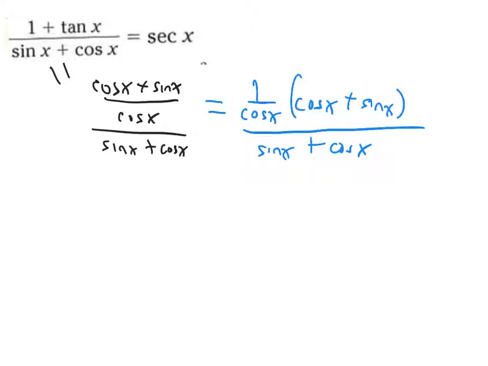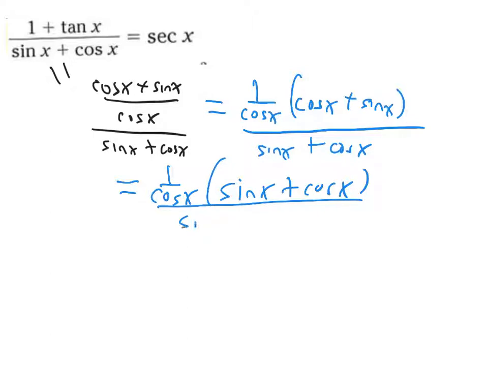Of course, algebraically we can swap the order of any terms, so I'm going to turn the things on the top into 1 over cosine x times (sin x + cos x) over (sin x + cos x).